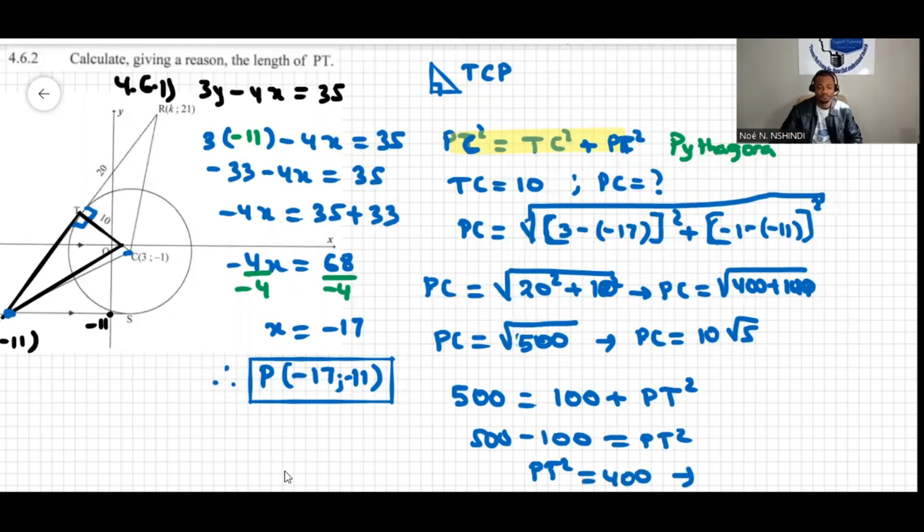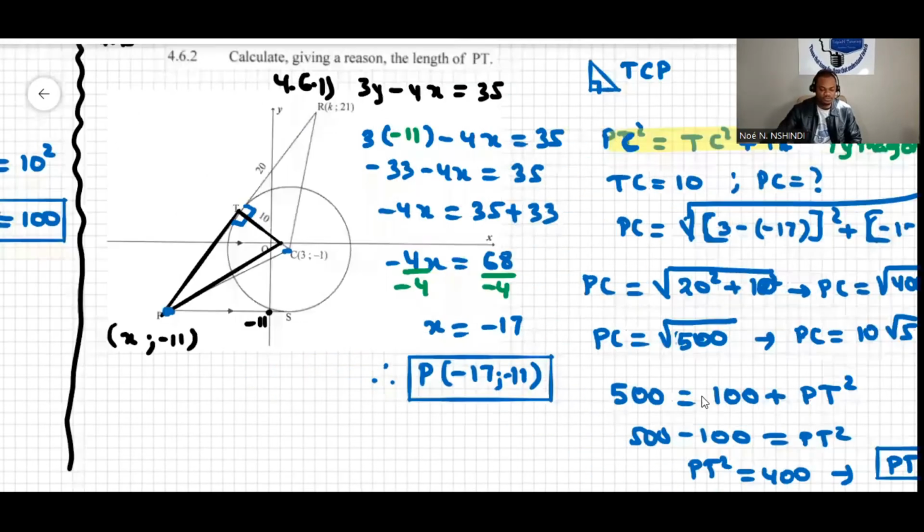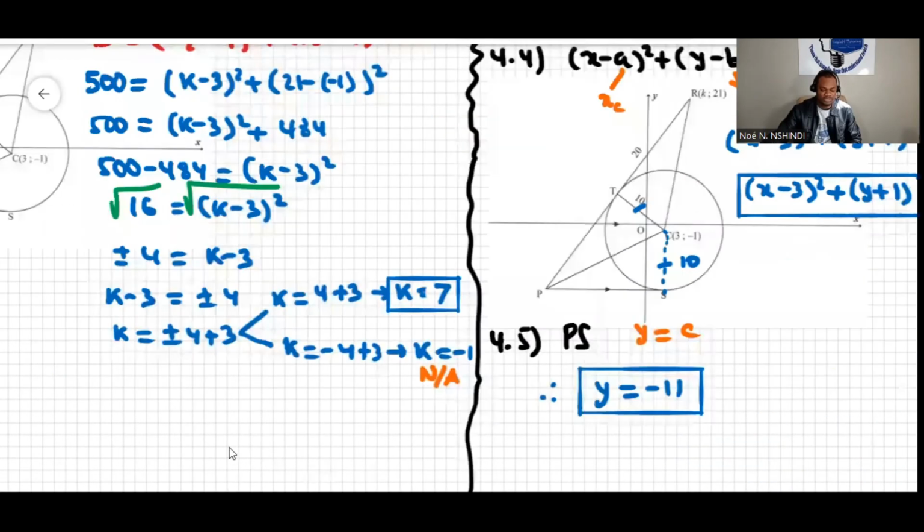Now if we calculate PT, by square rooting both sides, PT is equal to 20 units. Good. The next question will be question 4.7.